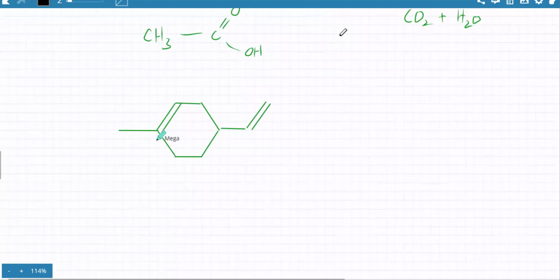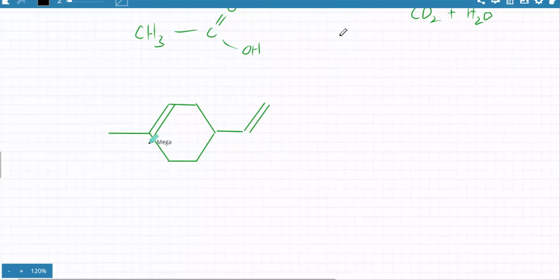Let me make this bigger. Now I want to oxidize this. First thing, the problem with skeletal formulas is they don't show you hydrogen atoms, right? So you have to figure them out. Remember, everything that's happening is happening to the carbon atoms which are attached to the double bond. So I'm just going to highlight them. These two carbon atoms, let's focus on them.